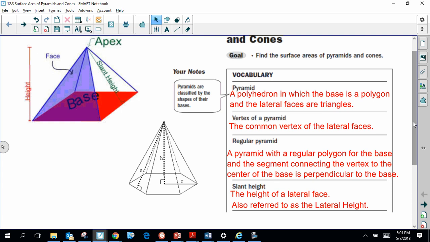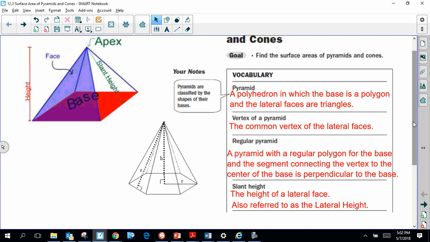But a pyramid is basically a polyhedron made up of different polygons, but the base is going to be some kind of polygon, where it could be a triangle all the way up to however many sides that you want. Typically, it's not going to go past, say, 7 or 8 sides realistically for the stuff that we'll be doing in class.